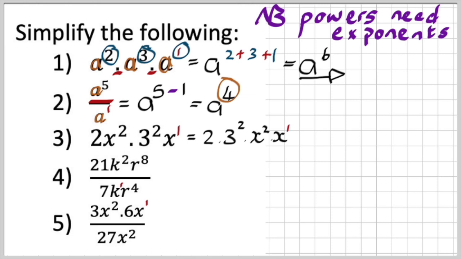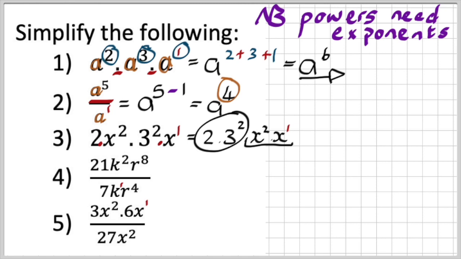I'm not doing rocket science. I am allowed to do that because remember, there's an invisible multiplication between the numbers and your variables. This means that, ladies and gentlemen, I can actually look at the numbers and the x's separate from one another.